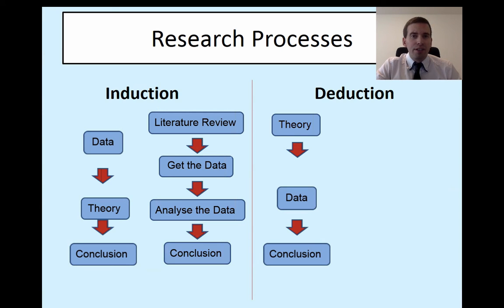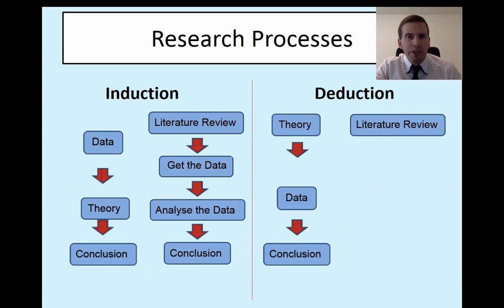Now, this conclusion can lead to an overall theory, depending on the work you're doing. So we are starting with the data, with the particular pieces of information, and the process is about making a generalized conclusion. So you would do this sort of process if you are trying to determine something new. Deduction, on the other hand, would normally still start with a literature review, and you would review the theory that you're going to do your experiment on.